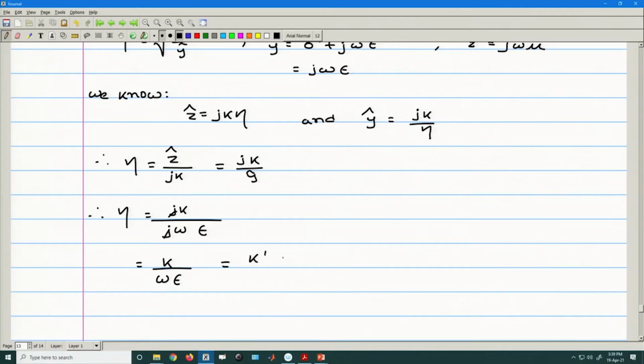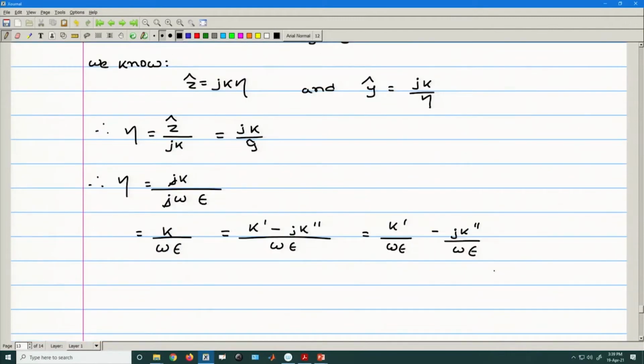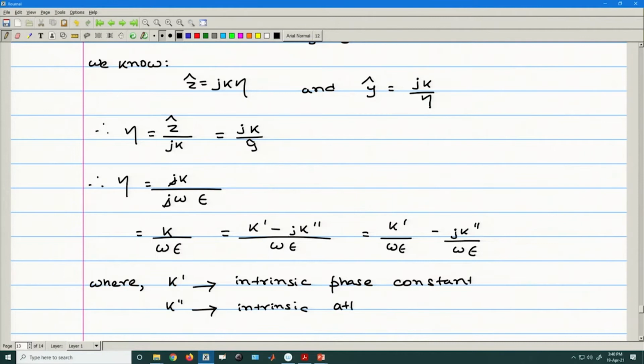So, k is written as k prime minus j k double prime upon omega epsilon, that is k prime by omega epsilon minus j k double prime by omega epsilon, where k prime is intrinsic phase constant, and k double prime is intrinsic attenuation constant.